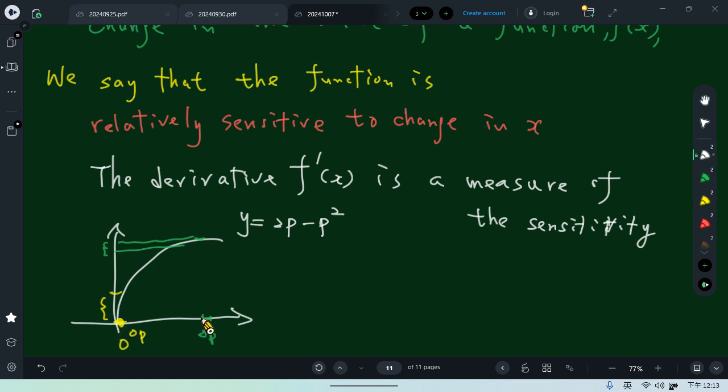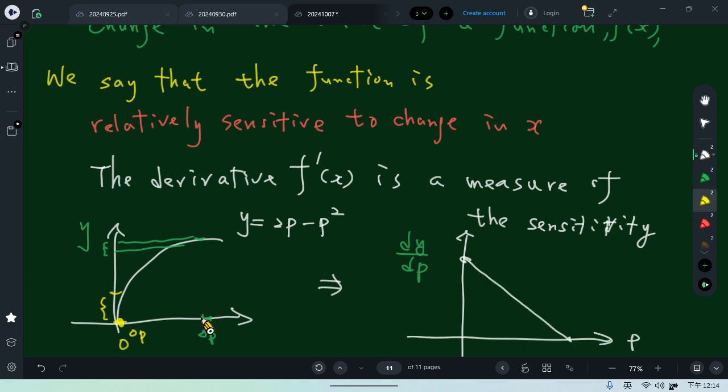How can we know that? We can simply get dy over dp. You can see here it is so large, but here it is so small.